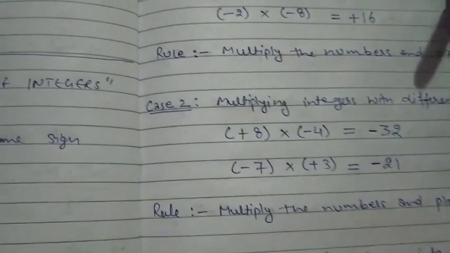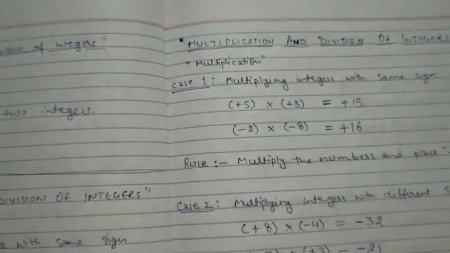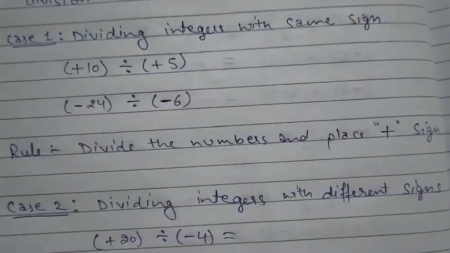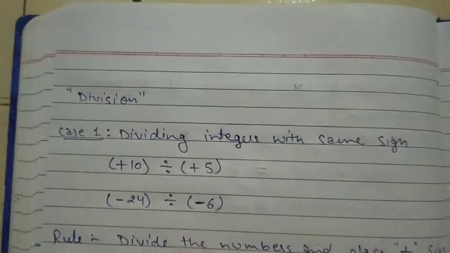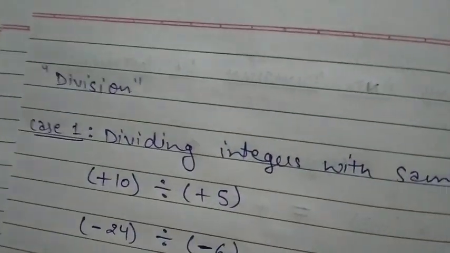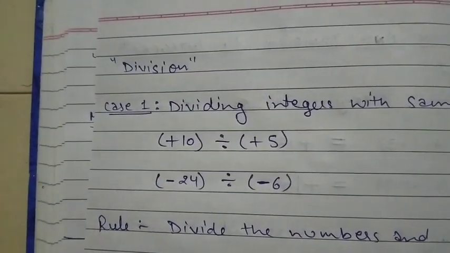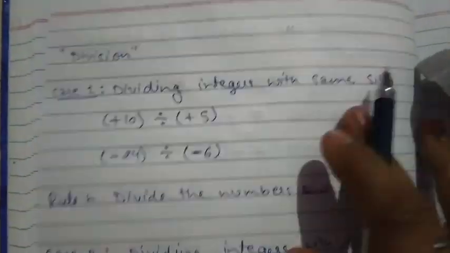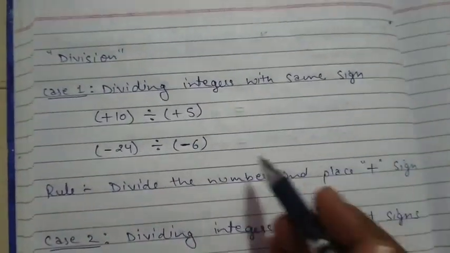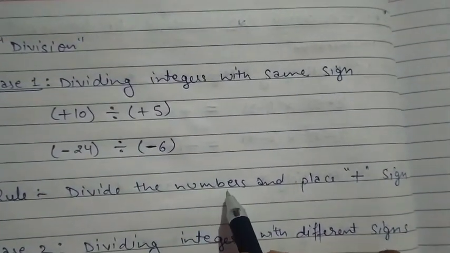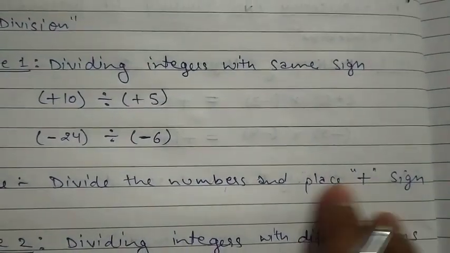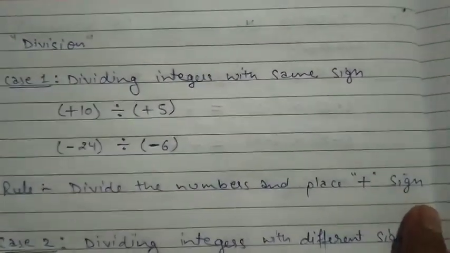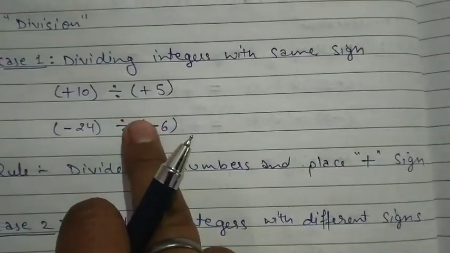I hope you understood how to multiply integers. Now division is similar to multiplication. If we want to divide integers with the same sign, what we need to do is simply divide the numbers and place a plus sign. The same we did in multiplication, we simply multiplied the numbers and put the plus sign. The same will be done in division.